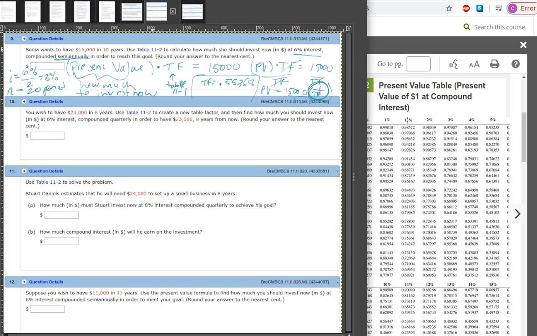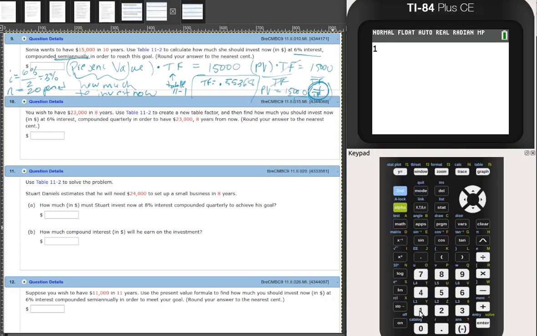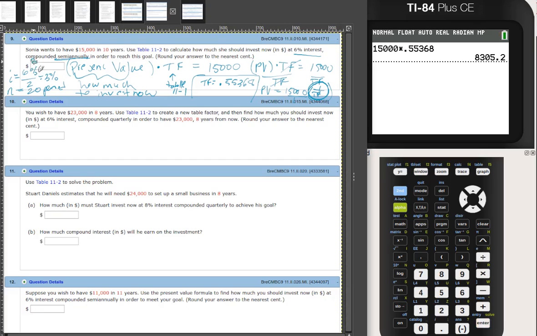So if we multiply that times our 15,000, which is what we want it to be worth, times the 0.55368, that means if we invest that much, $8,305.20. If we invest that much now, then 10 years from now with this interest rate and so forth, it will be worth $15,000. So that's how we're going to do this one.